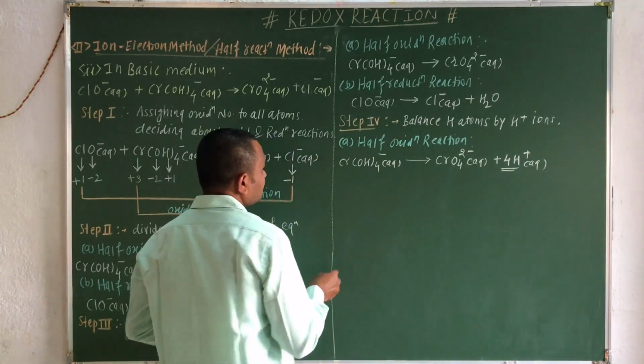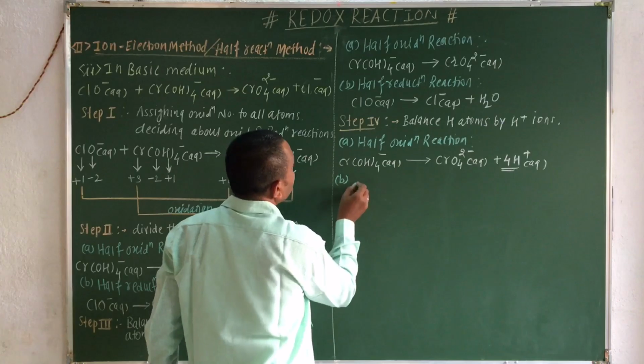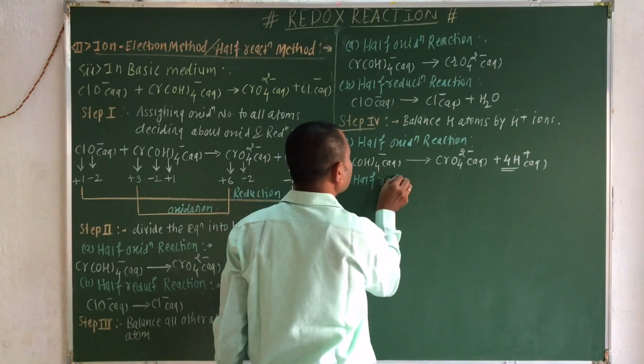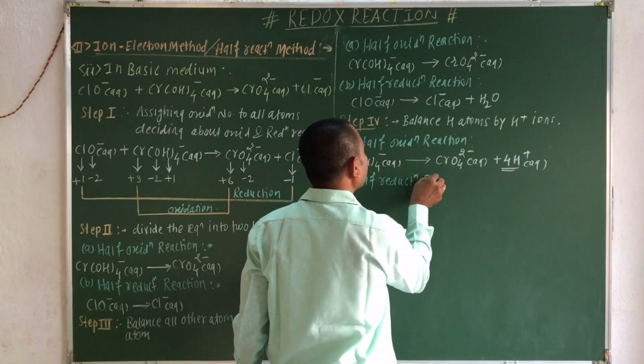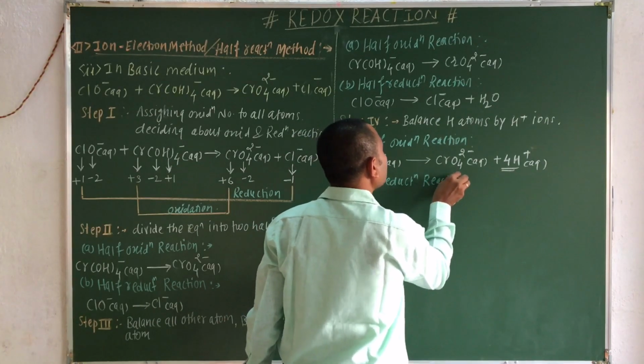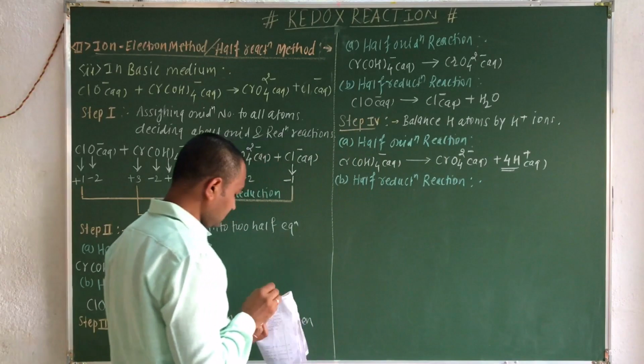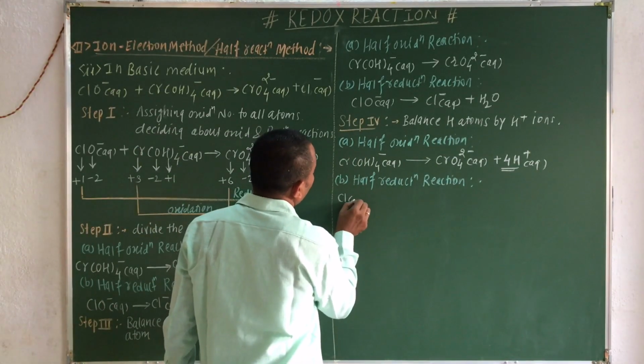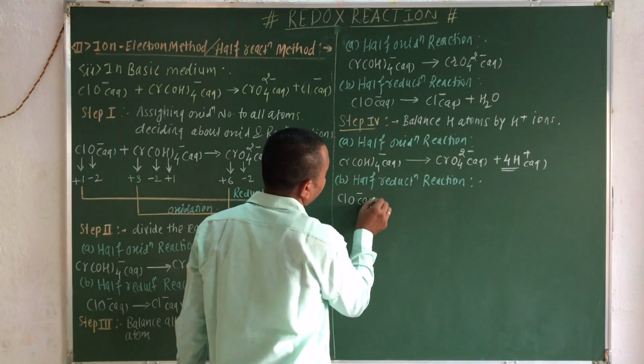Now next, that is your half reduction reaction. Now what about the half reduction reaction? Now here ClO minus aqueous.